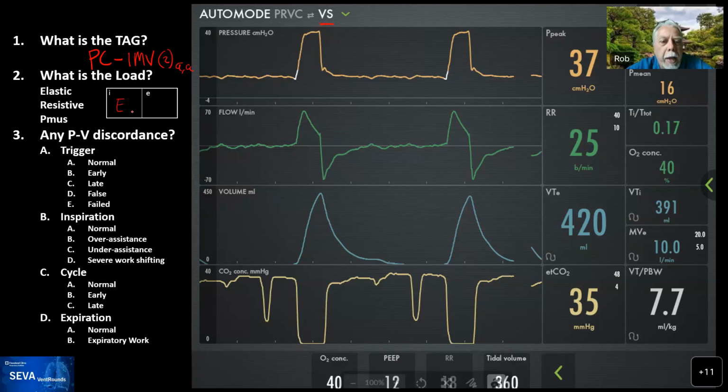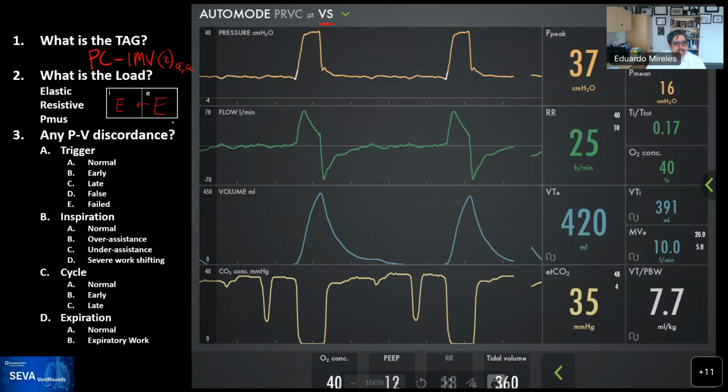But if you look at the expiratory curve, you see that the flow goes back to baseline within a second and a half. And so I would say that's normal or elastic load. That's not a resistive load. So by inference, we're thinking that the inspiratory looks like elastic, right? Could be. Alrighty, and not much PMOS there.